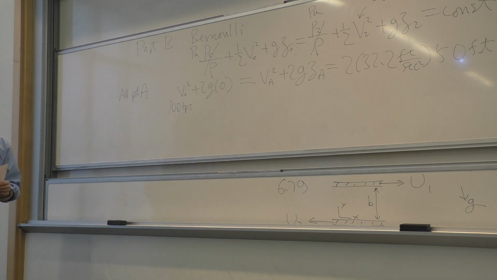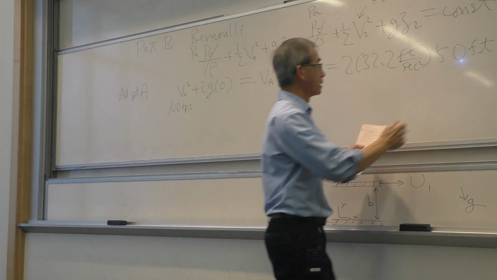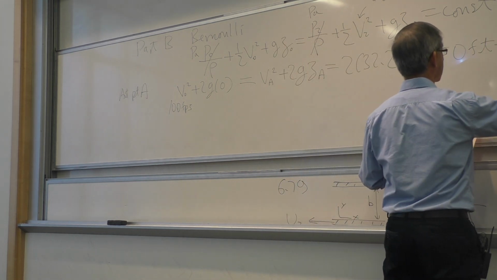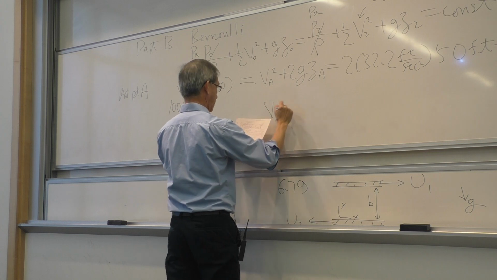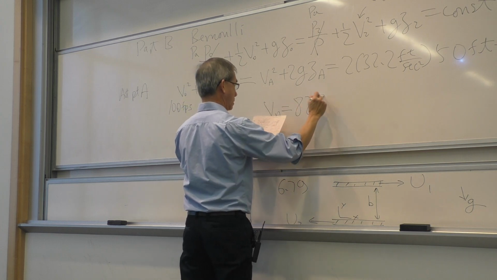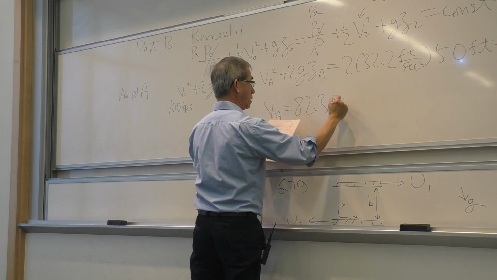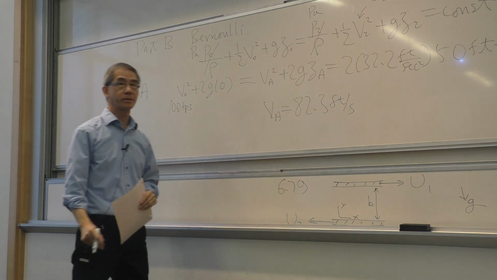So now I have this equation with the only unknown left, VA squared, so that you can solve for VA. And it's about 82 feet per second.